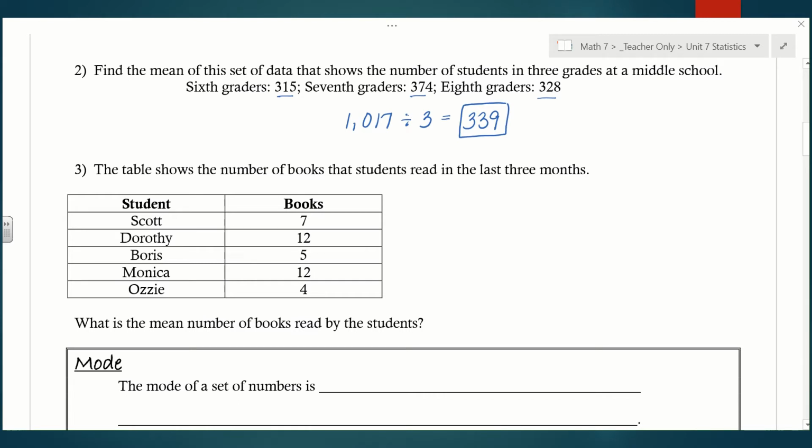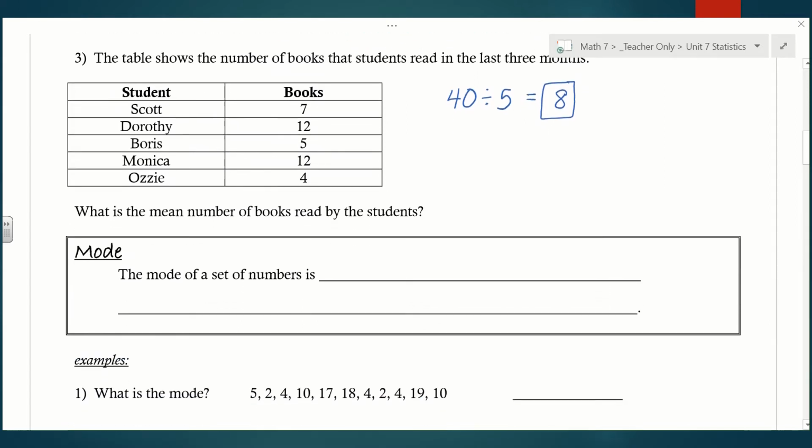So we're going to add 7 plus 12 plus 5 plus 12 plus 4. And you should be getting that the total number of books read for all of those students was 40. And then step 2 is to divide by how many numbers we added up, which in this case is 5. And so the average number of books read is 8. Okay, so that's average or mean.